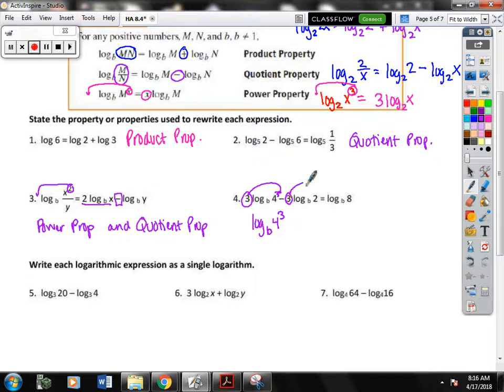And this 3 also would go back up to being an exponent. And then since they're being subtracted, that would be division. Which would be 64 divided by 8, which does get us 8. But you don't have to show the work for this, but I'm just kind of explaining as I go. So this was our power property and quotient.